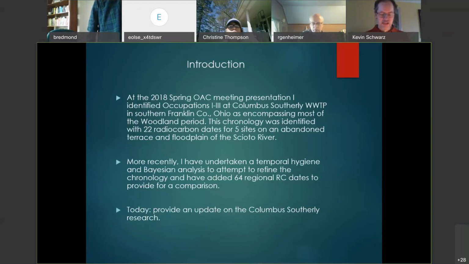More recently, I've undertaken a temporal hygiene and Bayesian analysis to attempt to refine the chronology of the wastewater treatment plant region, and I've added 64 regional radiocarbon dates from roughly 14 sites to provide for a comparison. Today, I'm going to give you an update on this research.